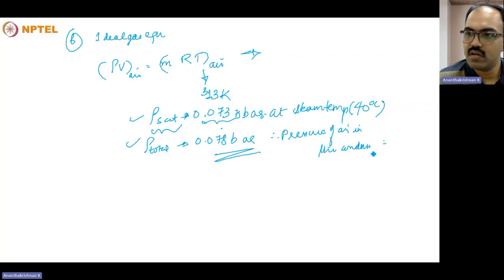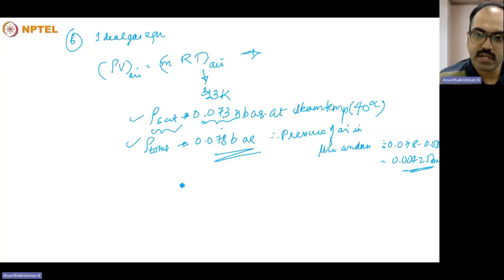So that will be equal to 0.078 minus 0.073, that will be equal to 0.00425 bar. So now we got the pressure on the air side. We can denote it by equation 1.